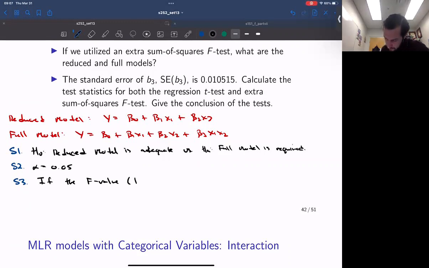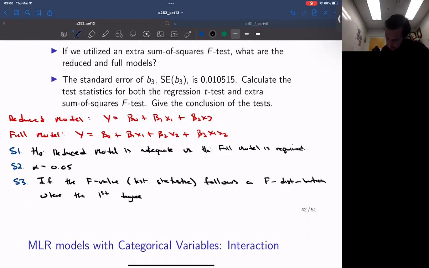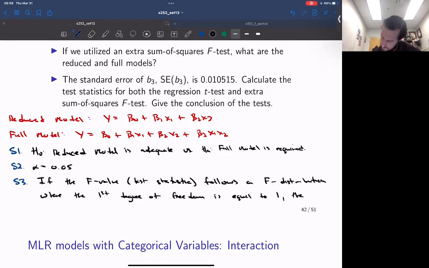Okay, so if the F value, so the test statistic, follows a F distribution where the first degree of freedom is equal to 1, then F equals T squared.